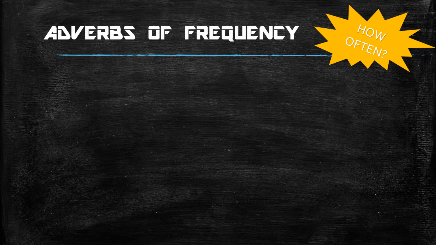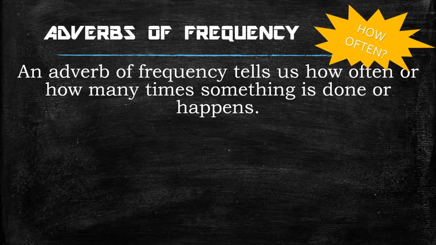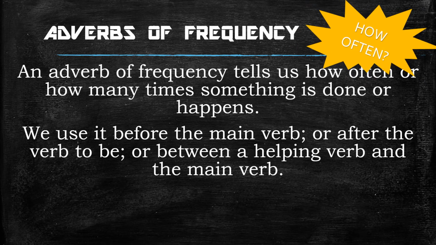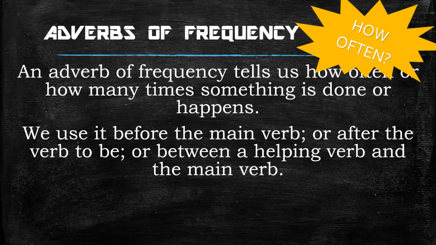The next we see is adverbs of frequency. These adverbs answer the question how often. An adverb of frequency tells us how often or how many times something is done or happens. We use it before the main verb or after the verb to be or between a helping verb and the main verb.